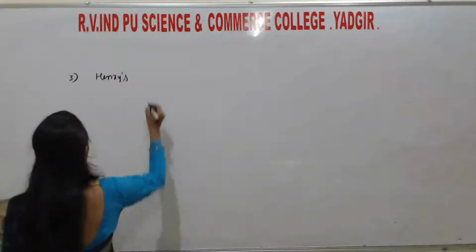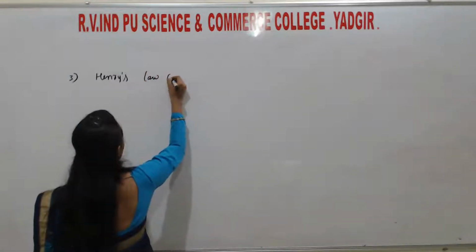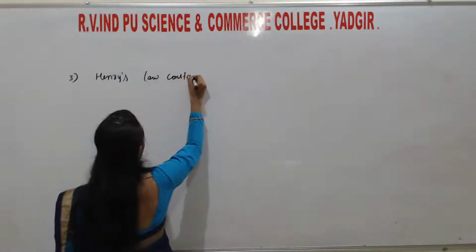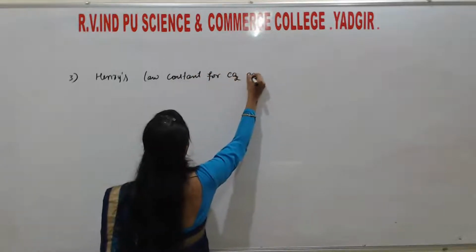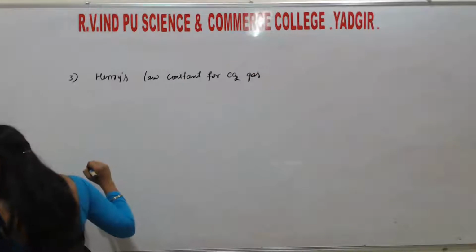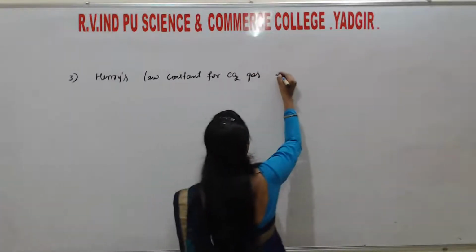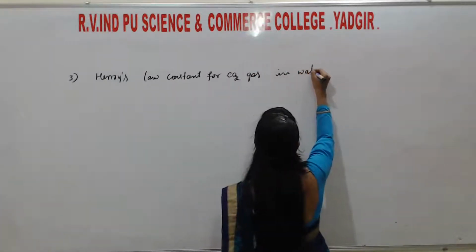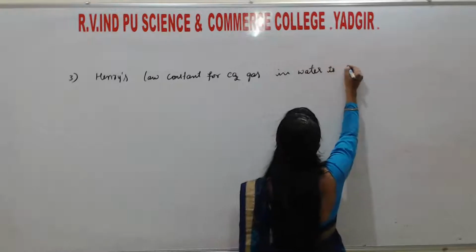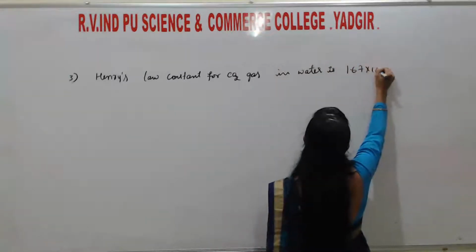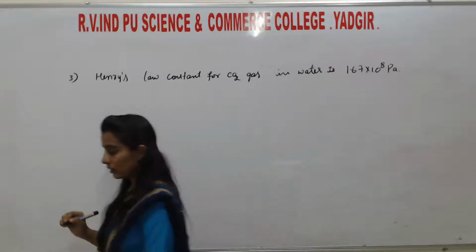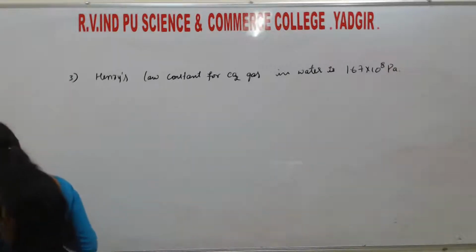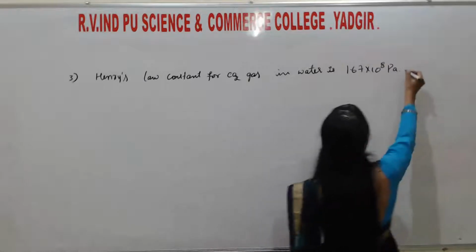So, Henry's law constant for CO2 gas in water is 1.67 into 10 power 8 Pascal at 298 Kelvin.